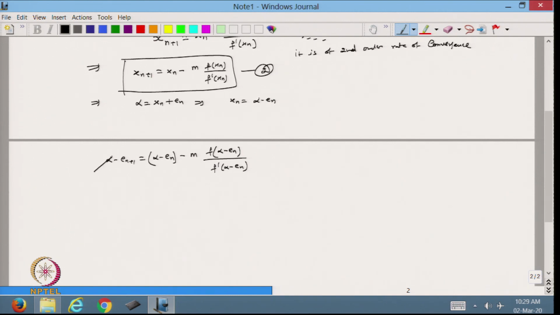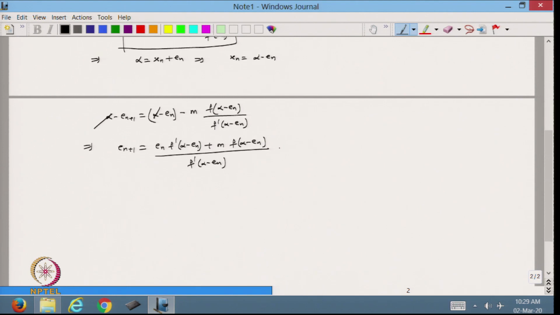I can cancel alpha, and then I can write e(n+1) equal to en minus m times f(alpha minus en) divided by f dash(alpha minus en).